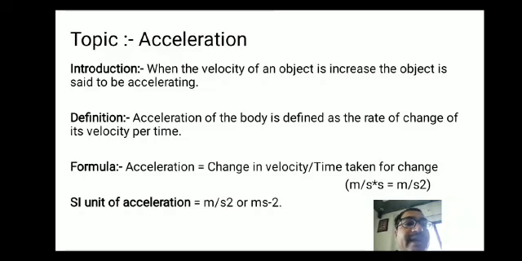Velocity SI unit is meter per second and time SI unit is second. So in the denominator second is multiplied two times, so it is written as meter per second square. So SI unit of acceleration is meter per second square.